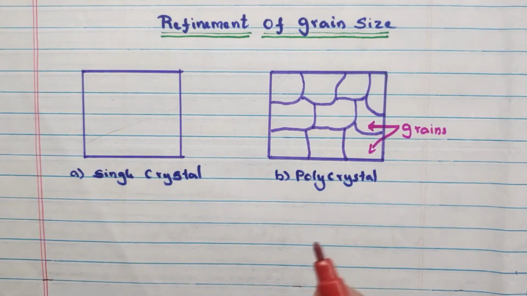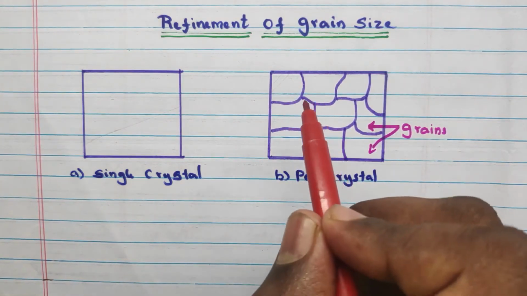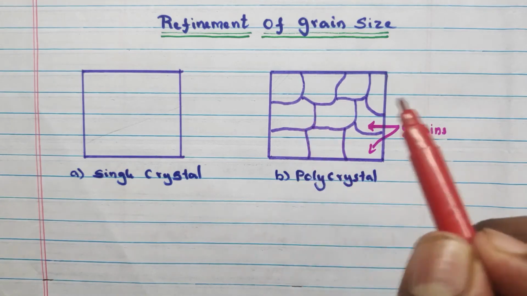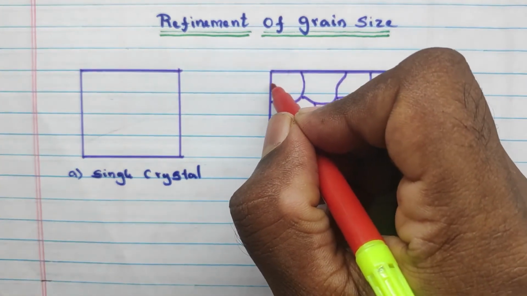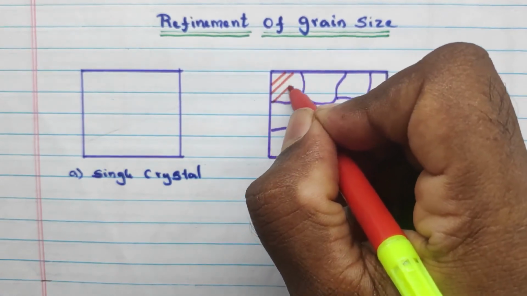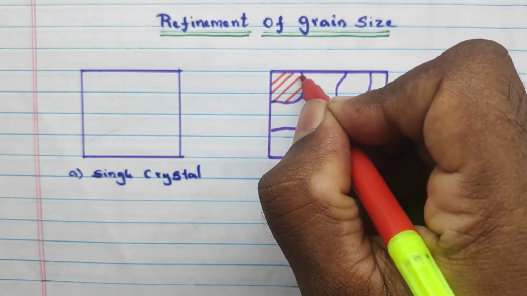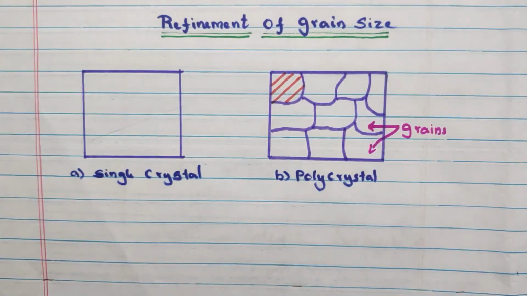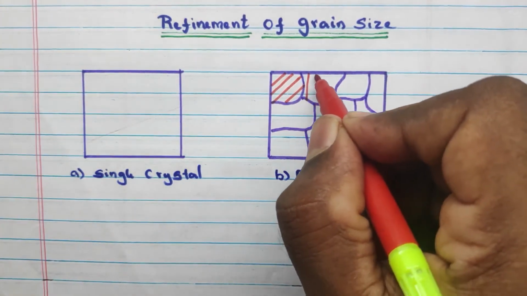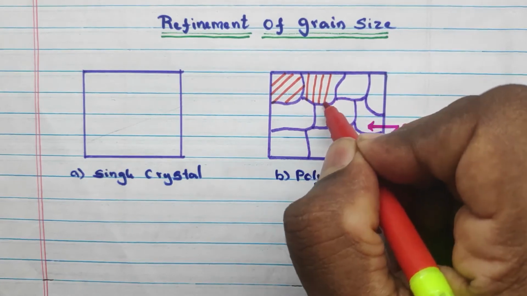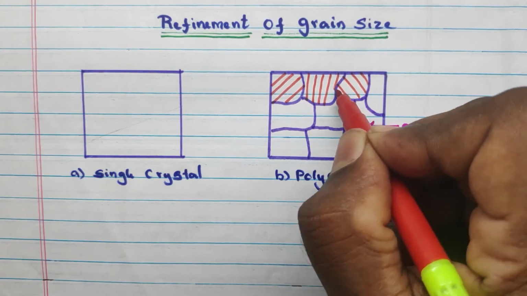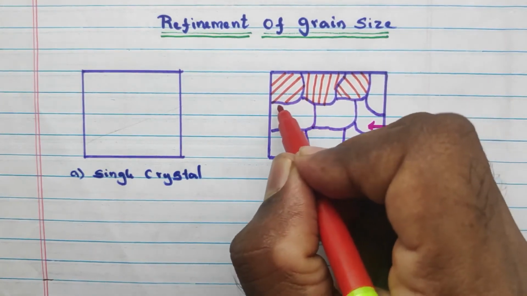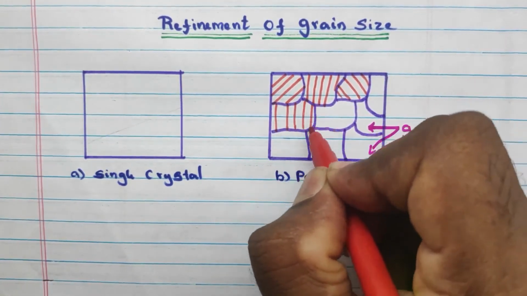In the polycrystal, on the other hand, the orientation of the unit cells goes on changing from region to region. In this region this is the pattern of arrangement of the unit cells, and in the next region you can observe a different orientation.